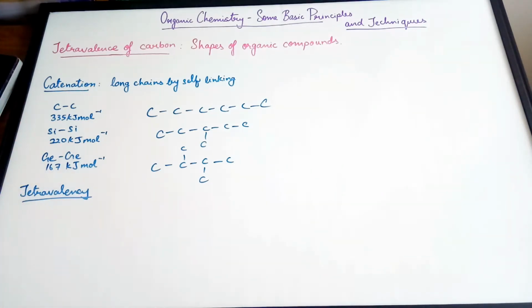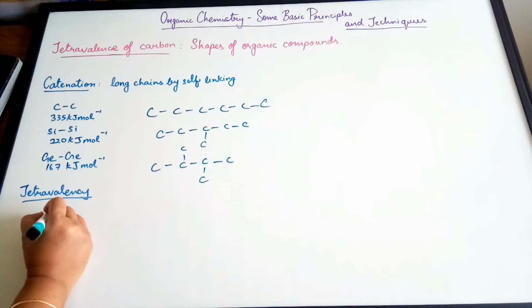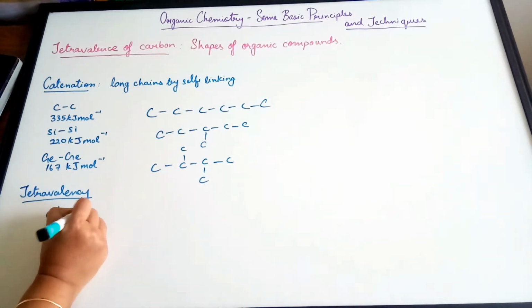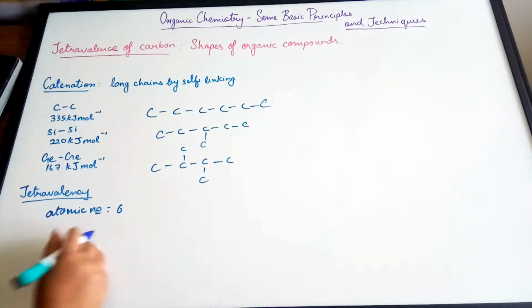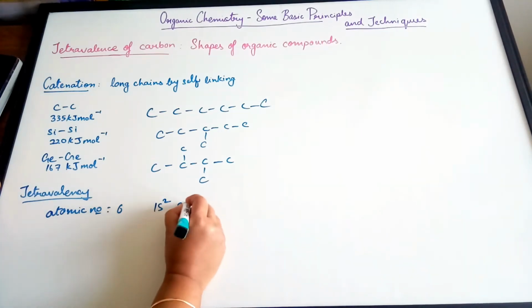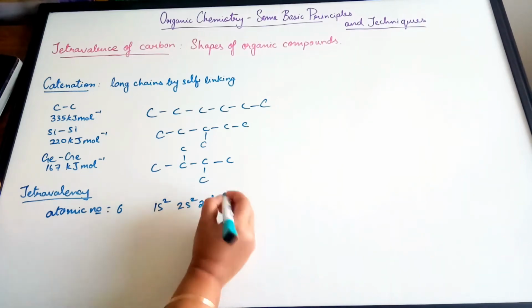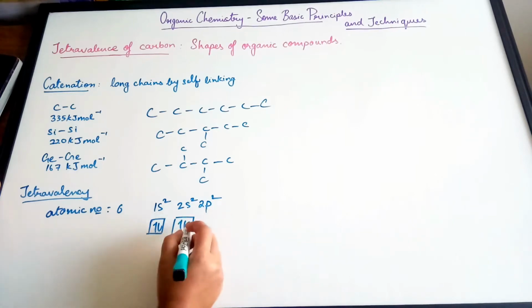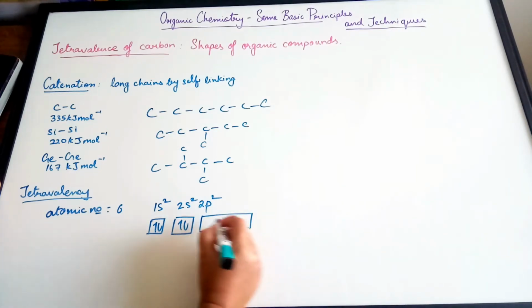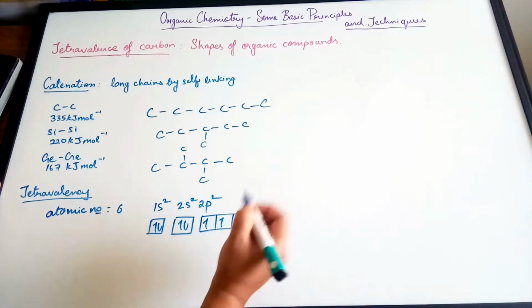The other thing that led to so many compounds being synthesized which have carbon in it is tetravalency. So let's see, the atomic number of carbon is 6, right? So the electronic configuration for carbon is 1s2, 2s2, 2p2, which means this shell is full, this orbital is full, then you have like this.